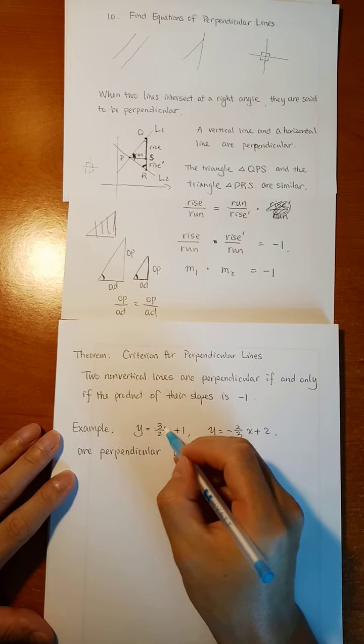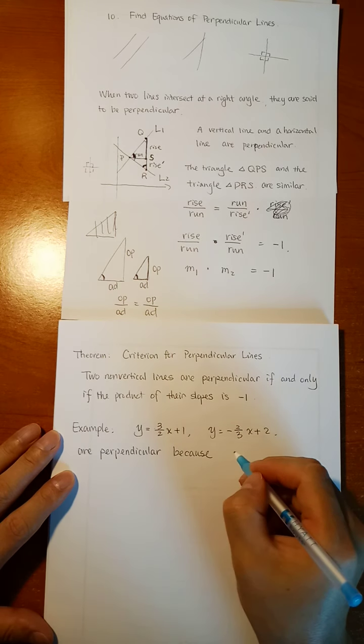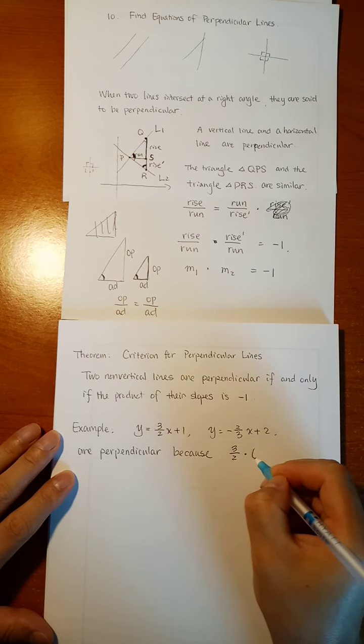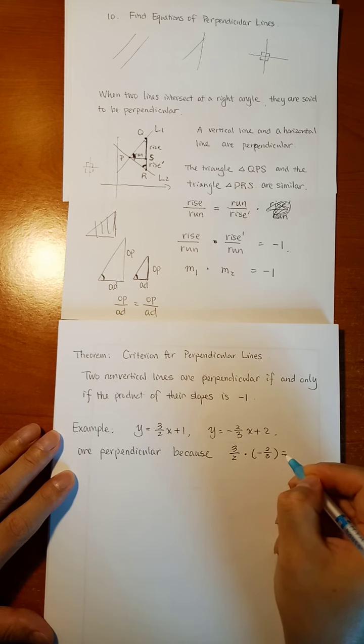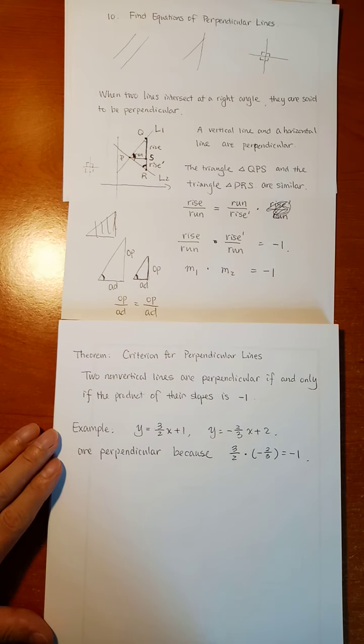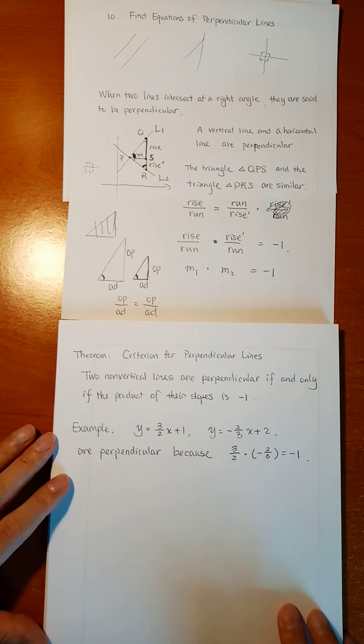So the slopes are 3 over 2 and negative 2 over 3. 3 over 2 times negative 2 over 3 is equal to negative 1. It has to be negative 1. Be careful, it has to be negative.